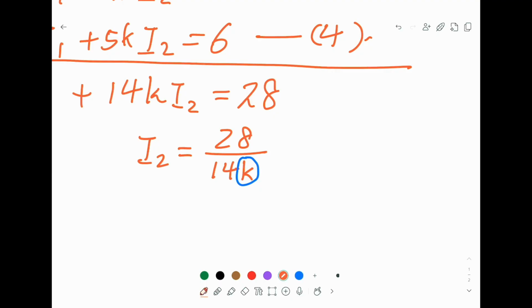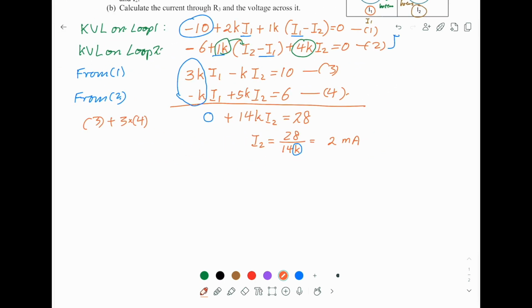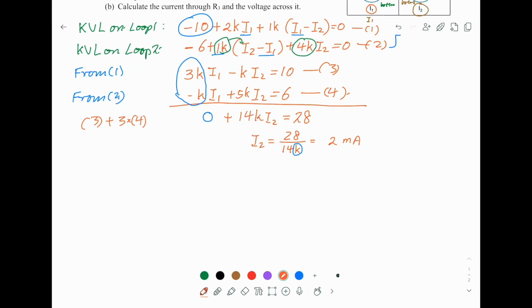It means 1 over k becomes milli, and this is 2 milliampere. This is how you calculate the value in a way that saves unnecessary complication, and at the same time keeps everything correct. So we have to add ampere here.